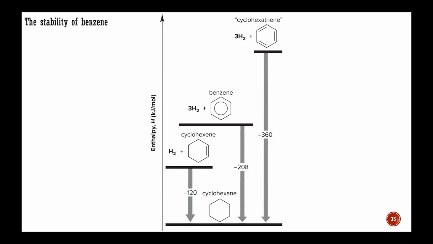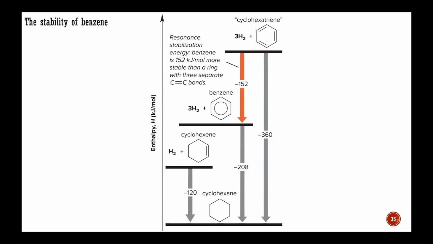However, experiments show that hydrogenation of 1 mole of benzene releases only 208 kilojoules of energy. This means the energy released is 152 kilojoules less than that for the hypothetical molecule with 3 localized double bonds. This energy difference is attributed to the aromatic resonance stabilization of benzene.